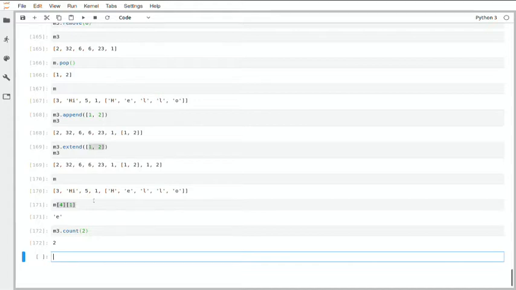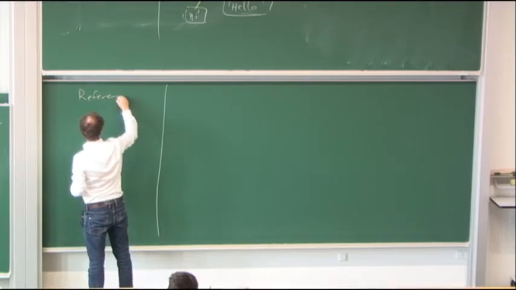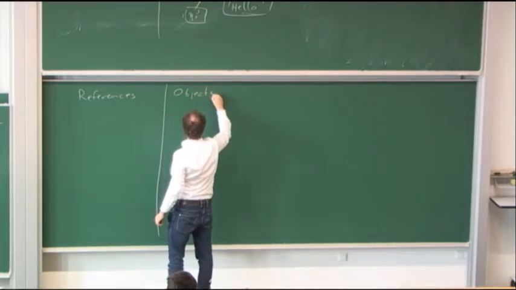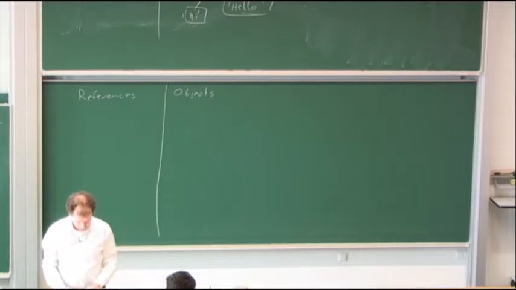Okay, let me confuse you a little bit. We will need a diagram for this. Okay, let's create a new variable a that is 5.